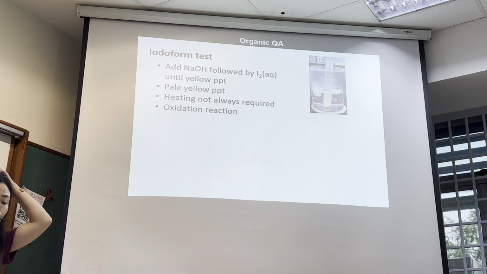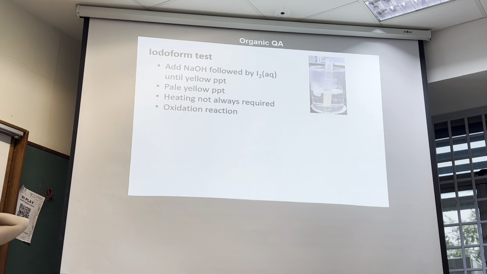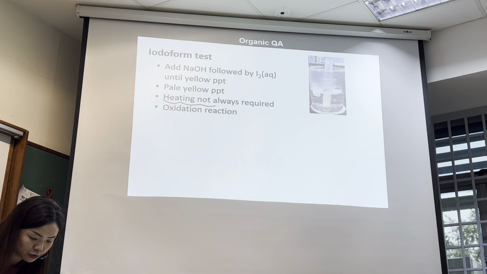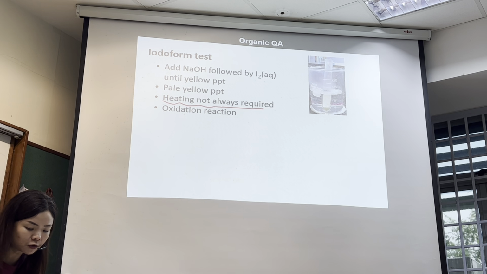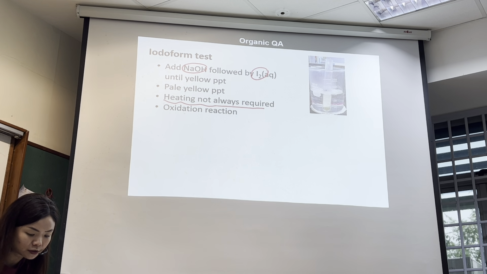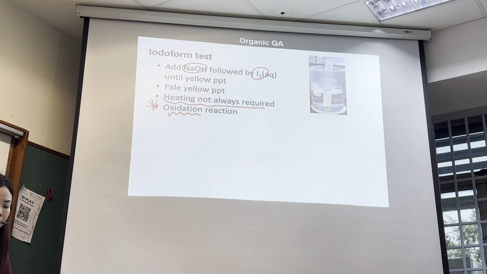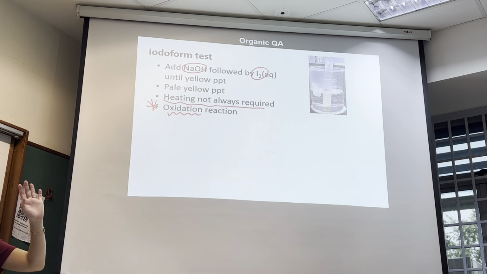Now, next one, iodoform. This is the last two already. Iodoform, very commonly tested also. If you recall, we did iodoform, and sometimes you don't even need to heat. So heating not always required. Alright, NaOH followed by iodine until yellow PPT. Again, it is oxidation. It's a very pale yellow PPT.